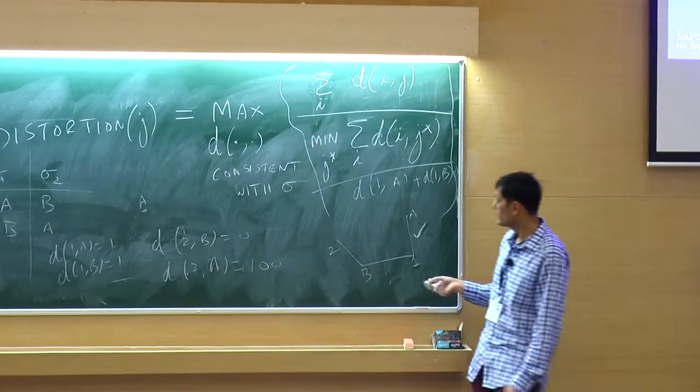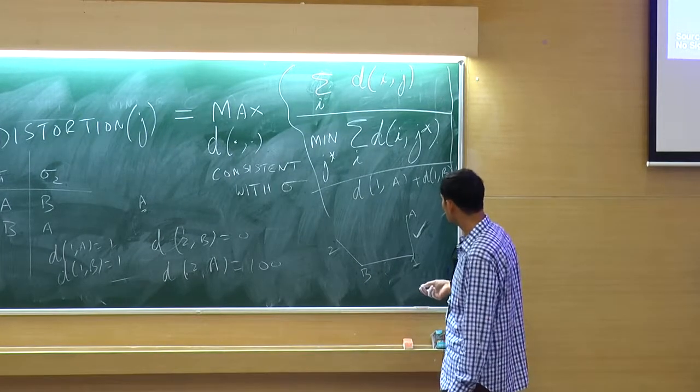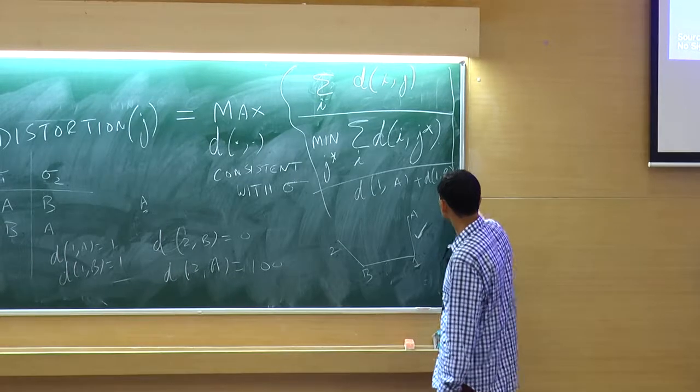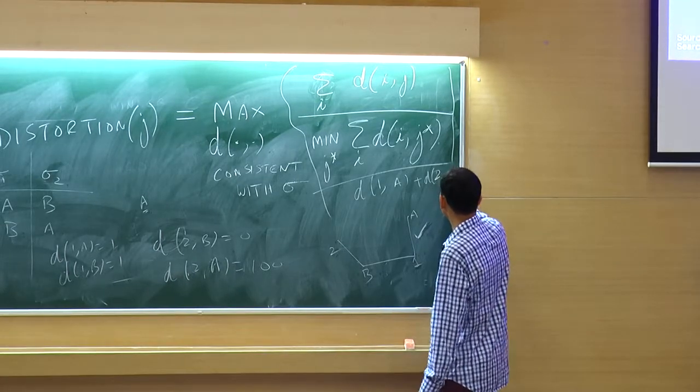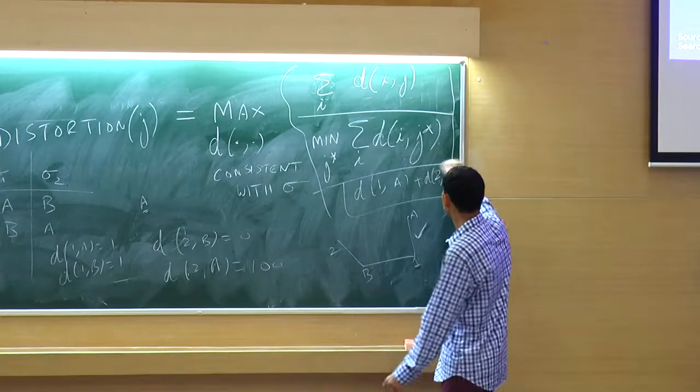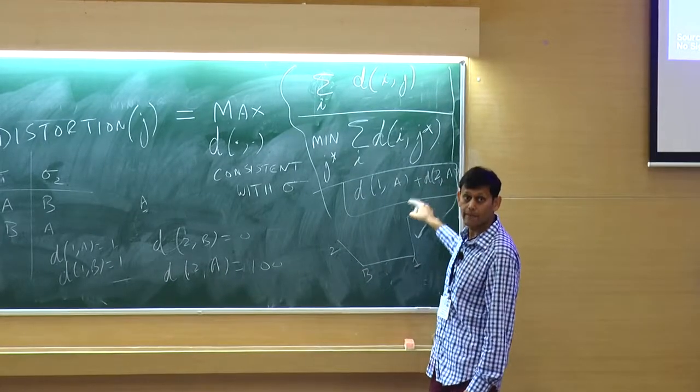The numerator is D of 1 comma A plus D of 2 comma A, because I picked A as the winner.